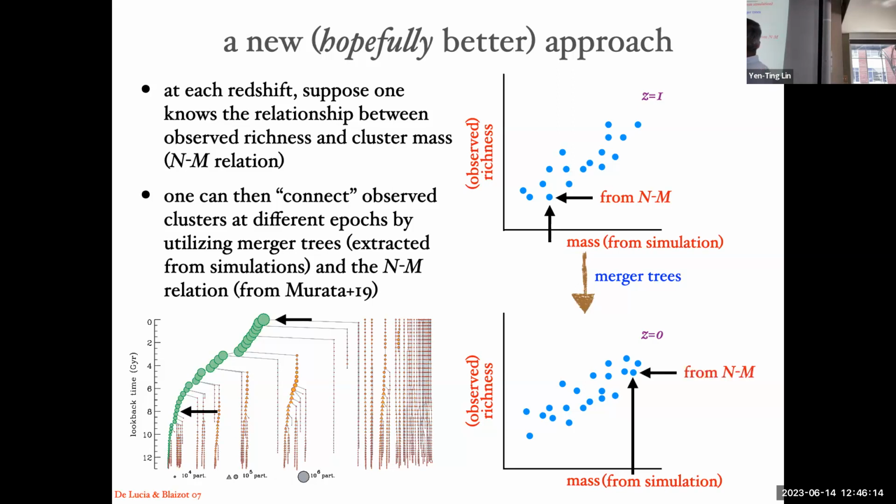And again, using the MN relation at lower redshift, we pick a cluster whose richness is closest to the prediction from MN. And this way, we can connect two real clusters at two different redshifts. And this connection accounts for the scatter in the cluster mass observable relation, while at the same time incorporates the hierarchical buildup of structures.